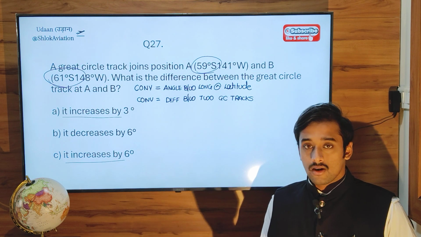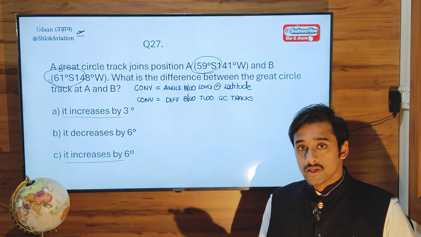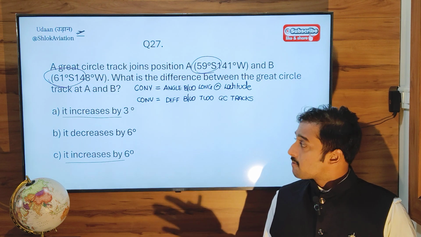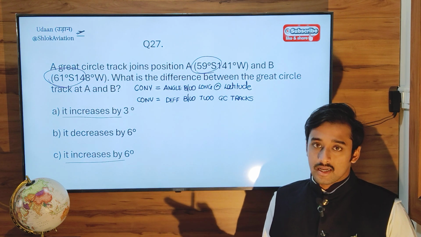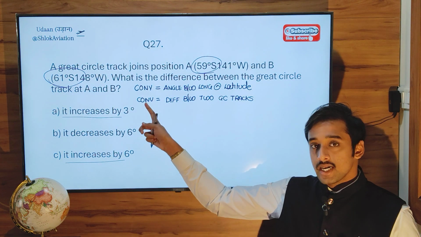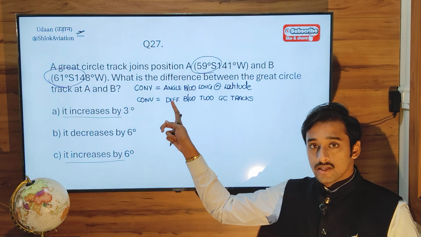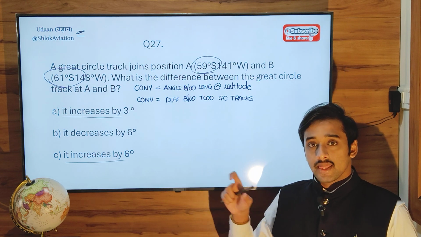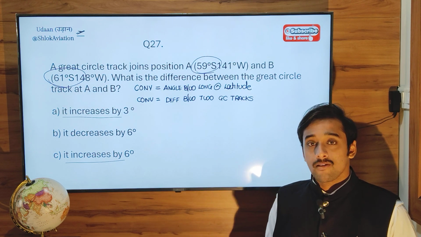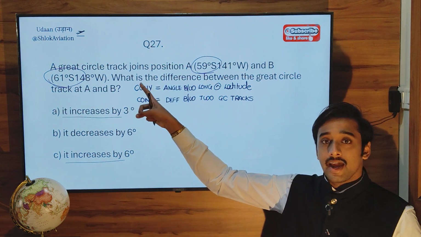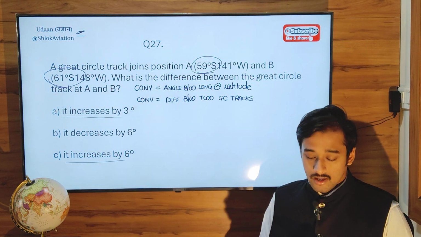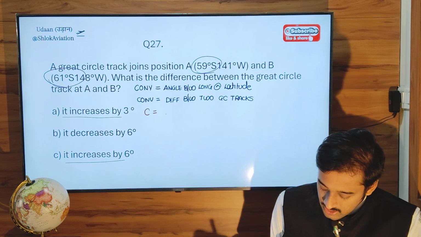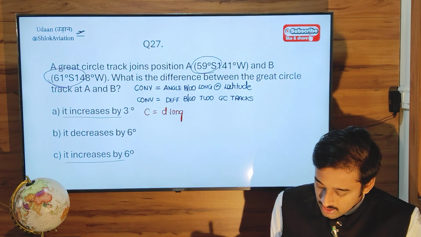So the first clue was that the great circle track is going to increase. That's for sure. Now let's find out by what value it will increase. Like I said, the great circle track difference will be equal to convergency. So let's find convergency, and that value will be the value by which your great circle tracks at A and B will differ from each other. So convergency equals d long into sin lat.